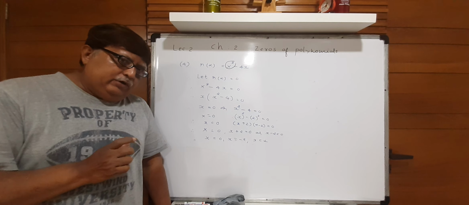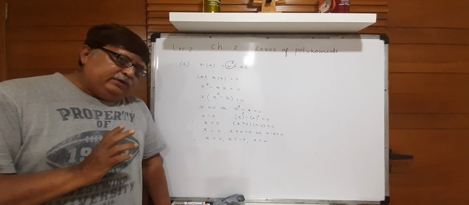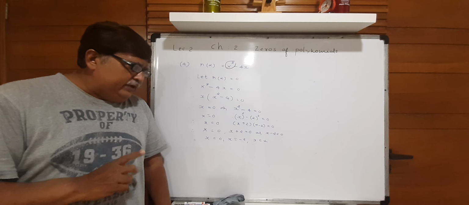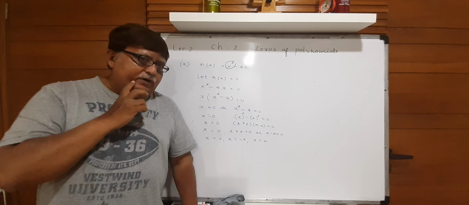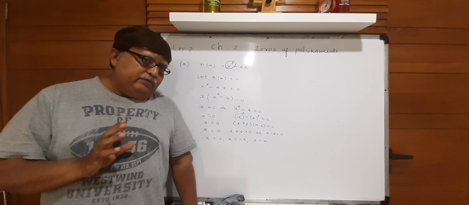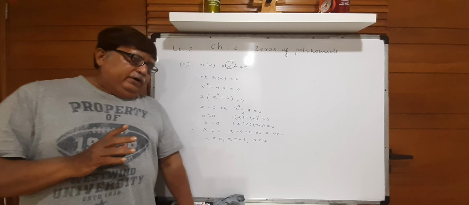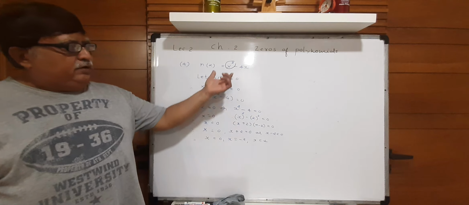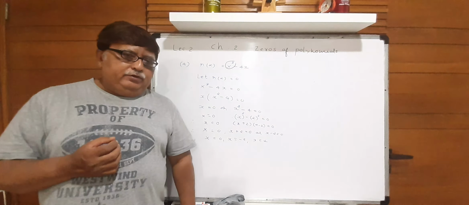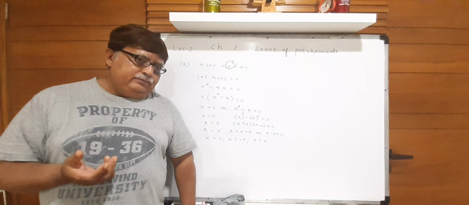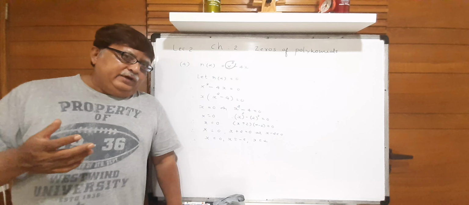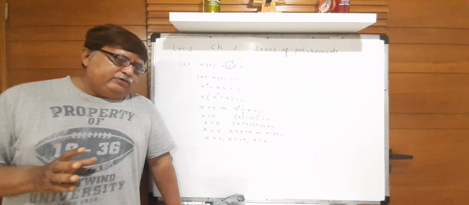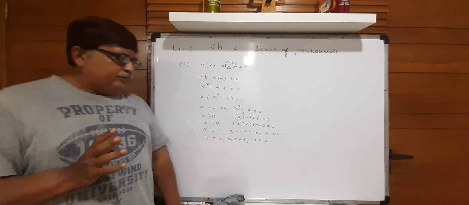3 values, because a cubic polynomial has how many zeros? 3 zeros, and it intersects the x-axis at how many points? 3 points. That we discussed in our lecture number 1. Actually in the textbook there is no way, even in the exercise given, to find the zeros of a polynomial, but we can find zeros of a polynomial this way. Understood?